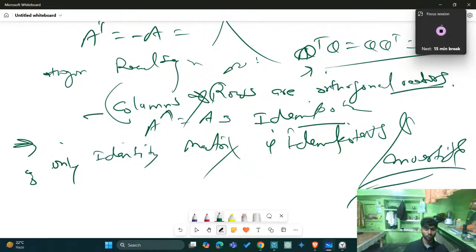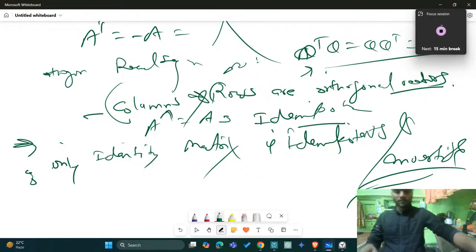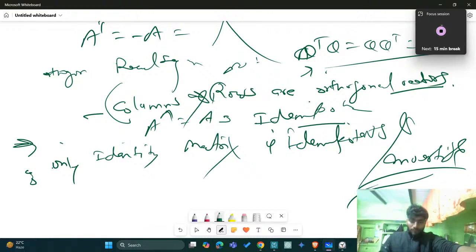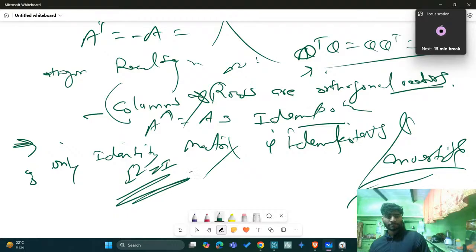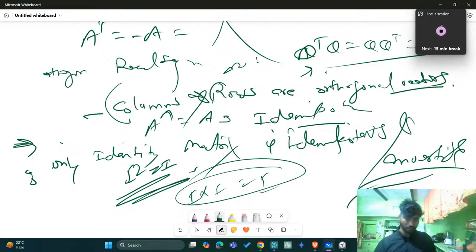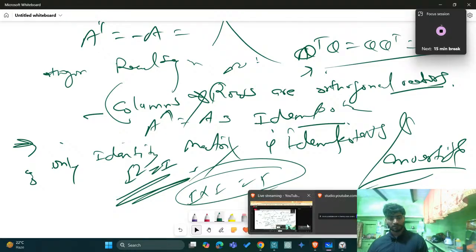No other matrix is both idempotent and invertible. Right? Only this. I squared is equal to I. This is called idempotent, and I times I is also I. So this is the only matrix that is both idempotent and invertible. Right?